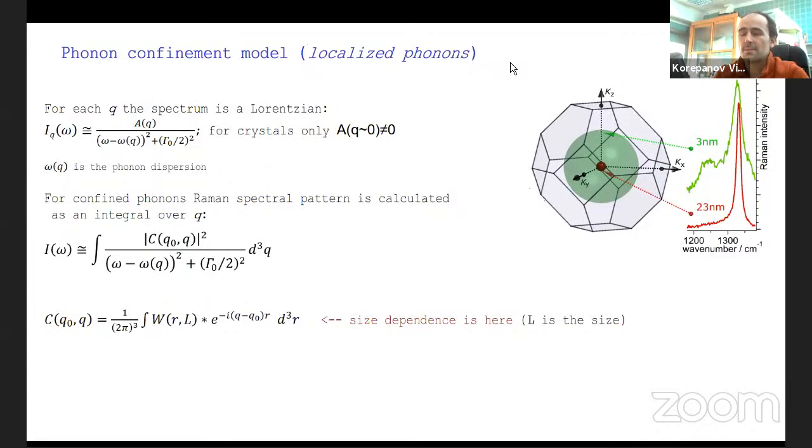And depending on the localization, the tighter the localization, the more relaxed is the selection rule. The simple idea is to calculate this spreading just by decomposition of the original zone center phonon over the basis of all crystal wave functions. From this, we can get a model which is quite easy to calculate.